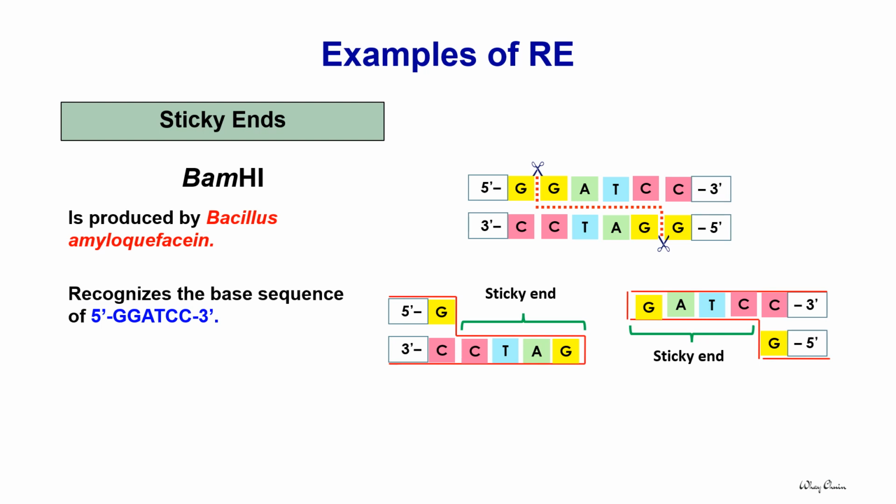Again, Bam was typed in italic form to highlight the source of this restriction enzyme, which is naturally produced by the bacteria Bacillus amyloliquefaciens, and it will identify the base sequence in 5' to 3' of GGATCC. So it cuts in a zigzag way between the guanines from 5' to 3', the same goes for the complementary strand, and also produces sticky ends, which always means unpaired nucleotide bases.